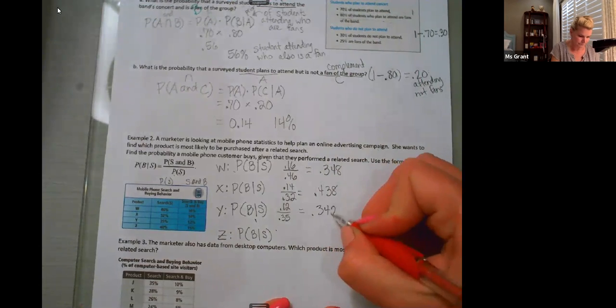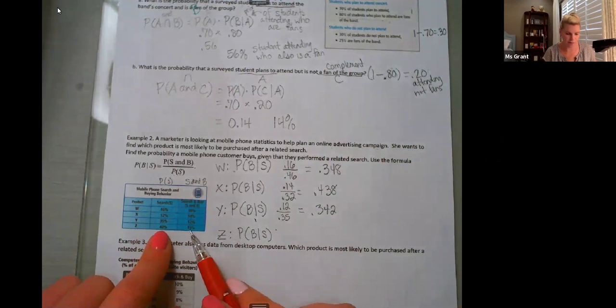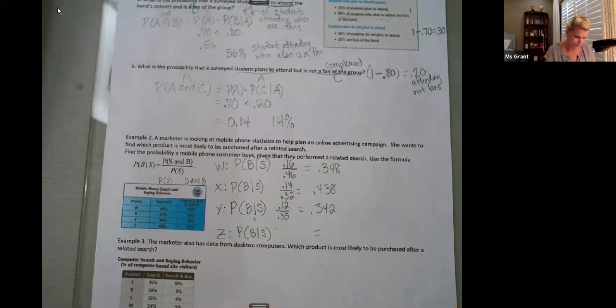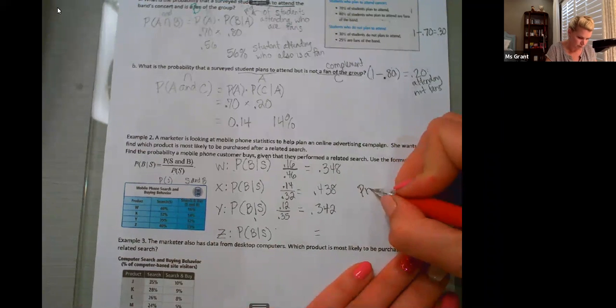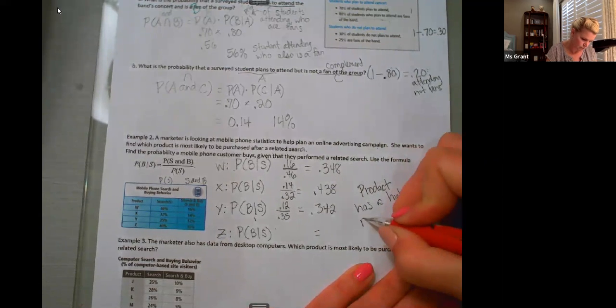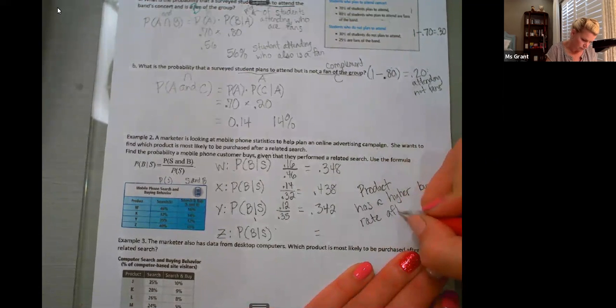Yep. Last one, do it on your own. Z. Here's my data. Bottom row. Go for it. Someone tell me the answer after you get it. 0.375.